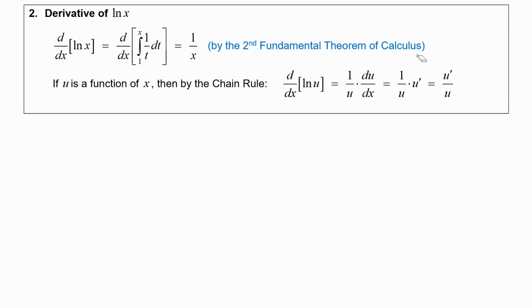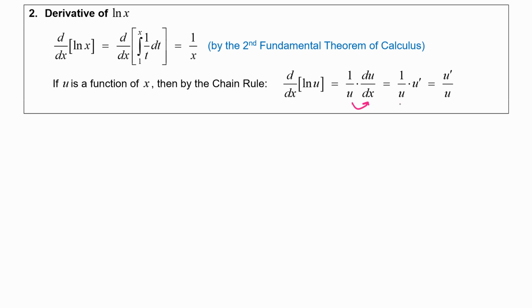So then if u is a function of x, then by the chain rule, we would have the derivative with respect to x of the log of u would be 1 over u times du dx, or in other words, 1 over u times u prime, and this is the chain rule part.